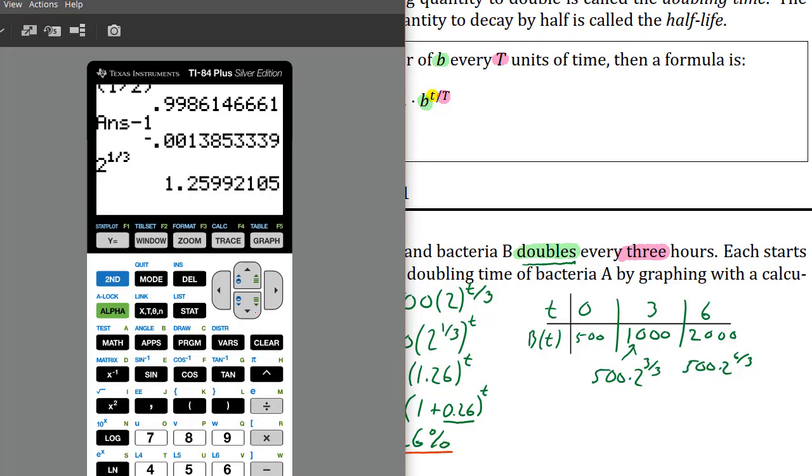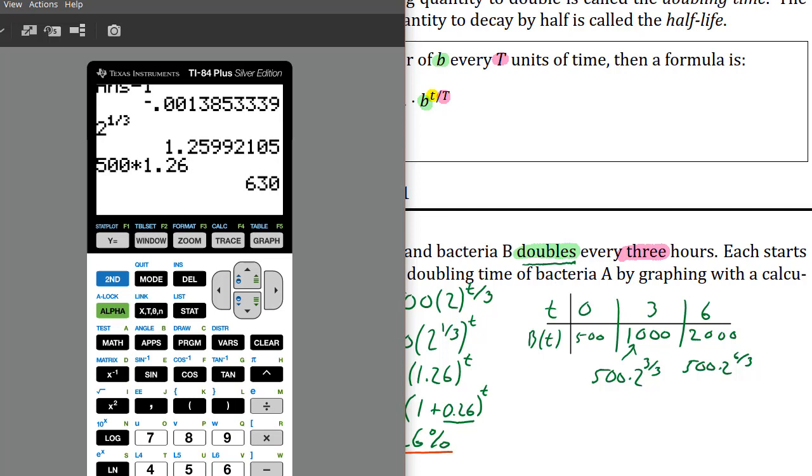Well, if you do 500 times 1.26, that's going to give you 630. If you do 630 times 1.26 again to see how this is growing, this is now going to be increasing by 26% of 630 instead of 26% of 500. So first it went up by 130. That was the 26% of 500.